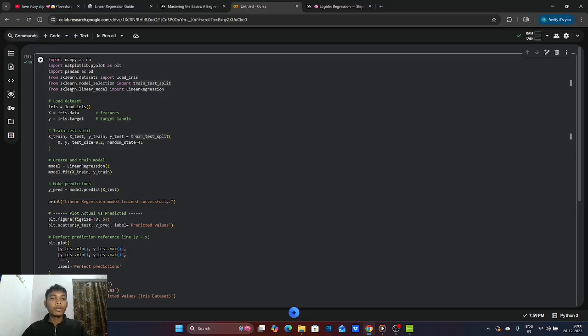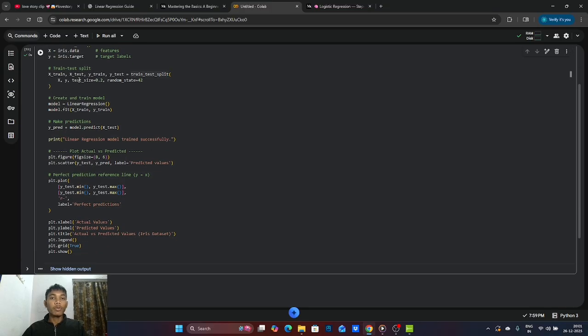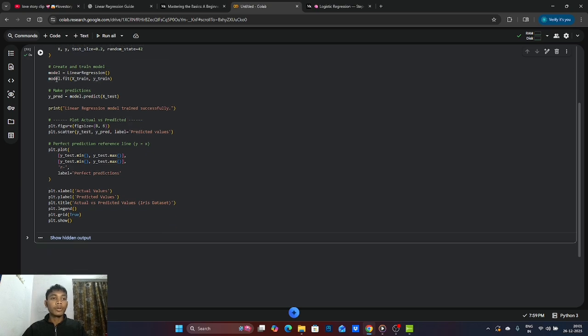Then we load model selection to train the model and test the model. Then we select the model, linear regression. Then we load the data set, load data, then x equals the data which we will give as input, y is our prediction. Then we will train the model and test it. So first we train it, then we test it by prediction.